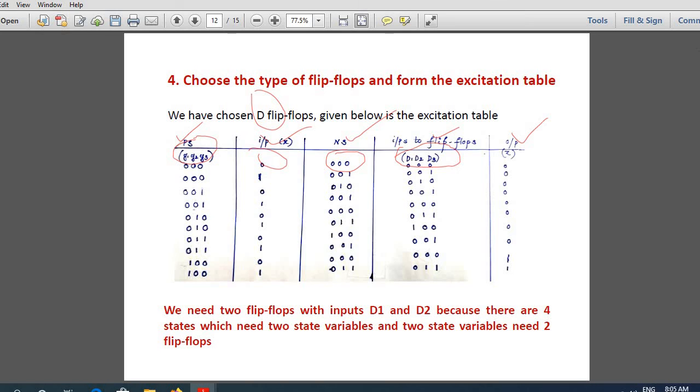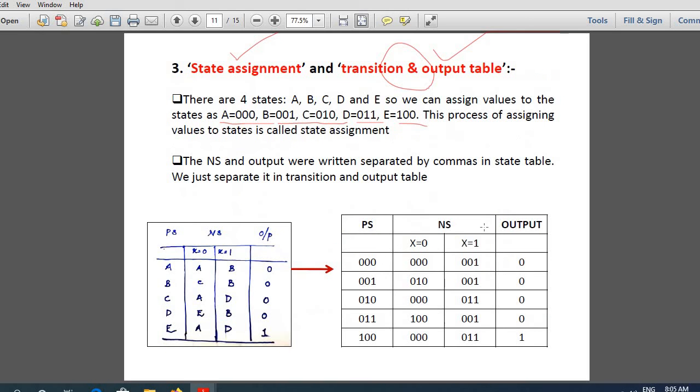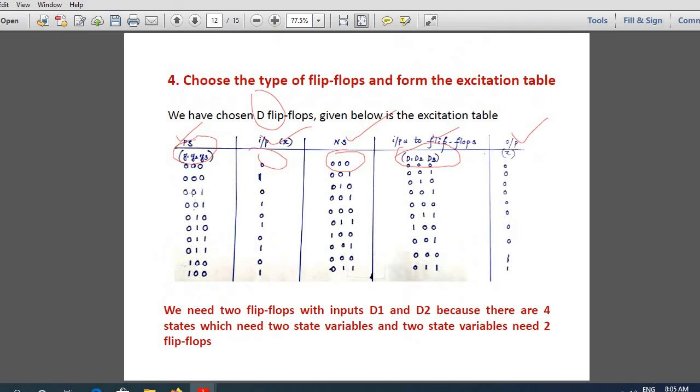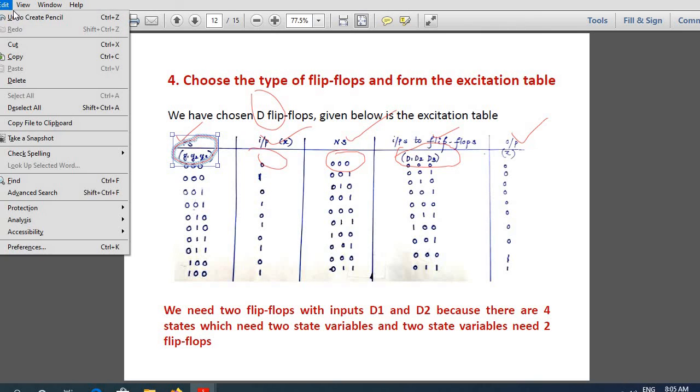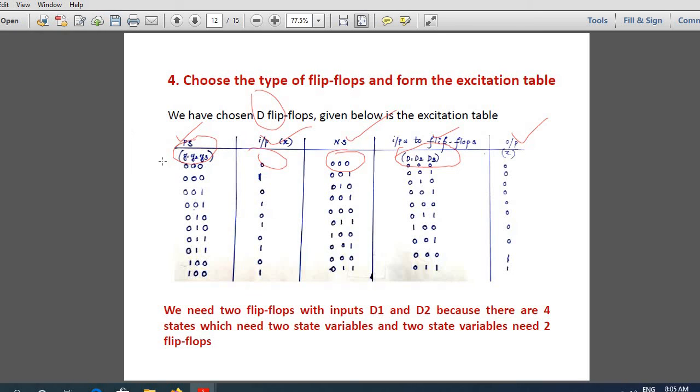Now, how will you write this? Look here. First, take the case of state 000. You have 2 combinations. You are writing it 2 times, for input 0 as well as 1.